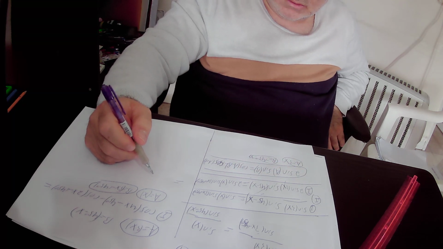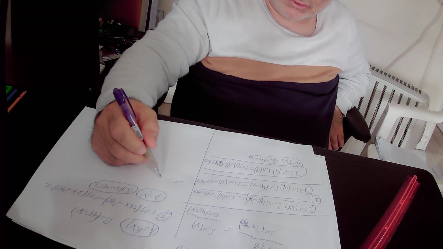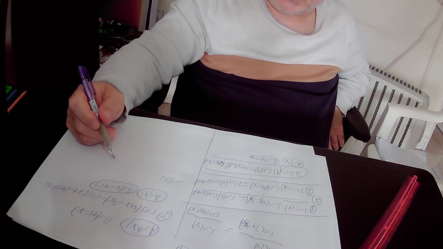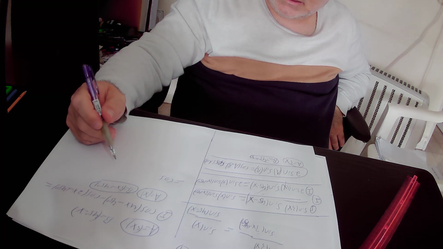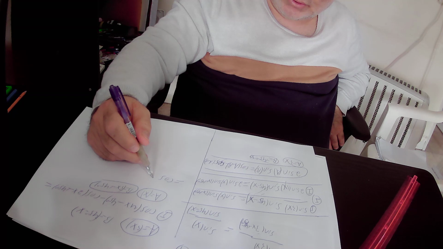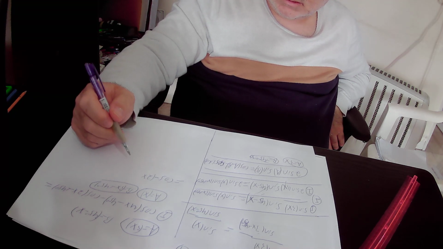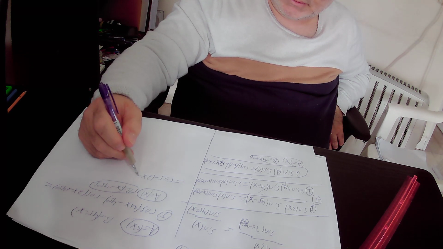So 2 sine A sine B is equal to cosine (A minus B), so A is x, B is 3x plus 45 degrees, so it is actually x minus 3x, which is minus 2x, and 0 minus 45 degrees is minus 45 degrees.